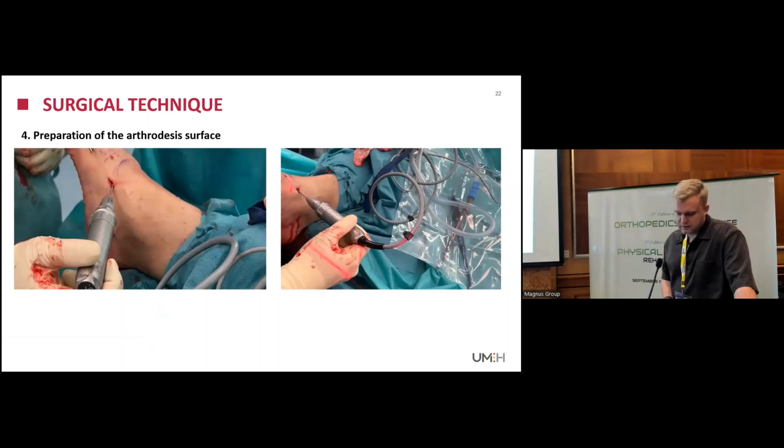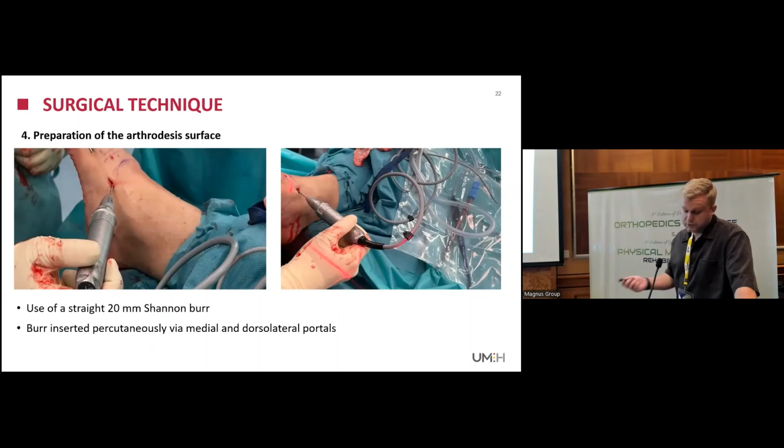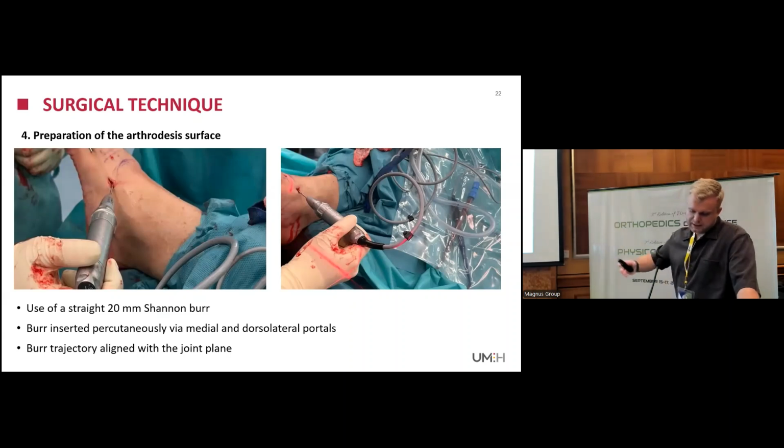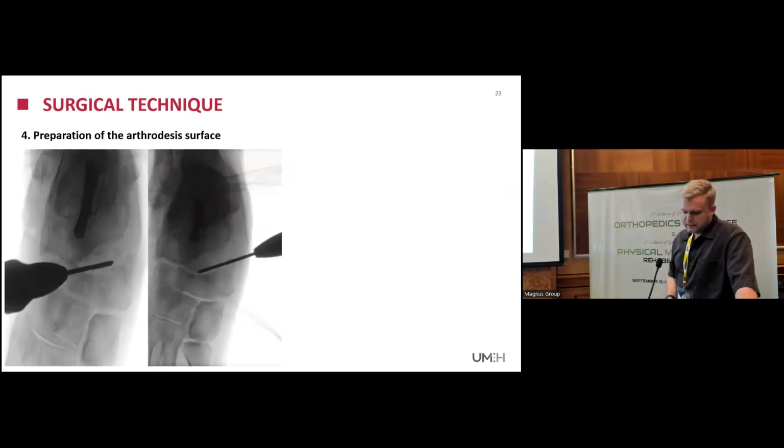After that, you insert your straight bore percutaneously via the medial and also lateral portals, and therefore you have to keep in mind to align the bore trajectory with the joint plane. And then you can check under the X-ray the positioning of your borer.